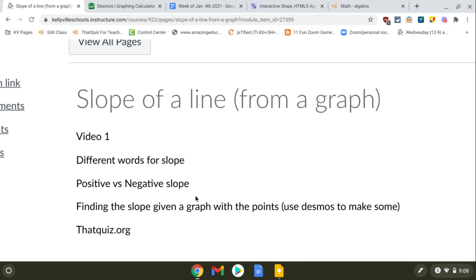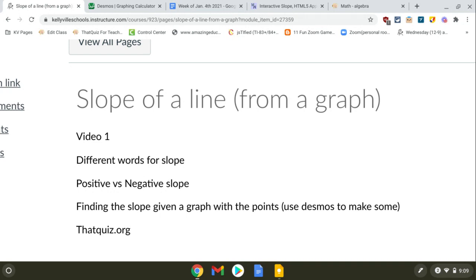Okay. So slope in the real world, they're going to describe it as gradient. That'll be the word that they normally use to describe how slopey something is.